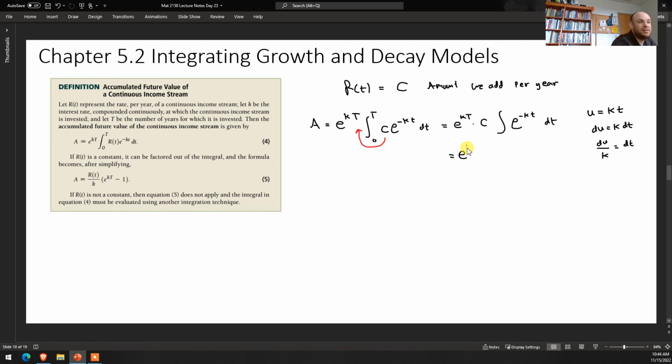Now we have e to the k times t times our constant c. It's given by our new integral, where our new bounds will be 0 to k times t, e to the minus u, and du divided by k. So let's put that 1 over k here, and du here. Now this constant can come out front.